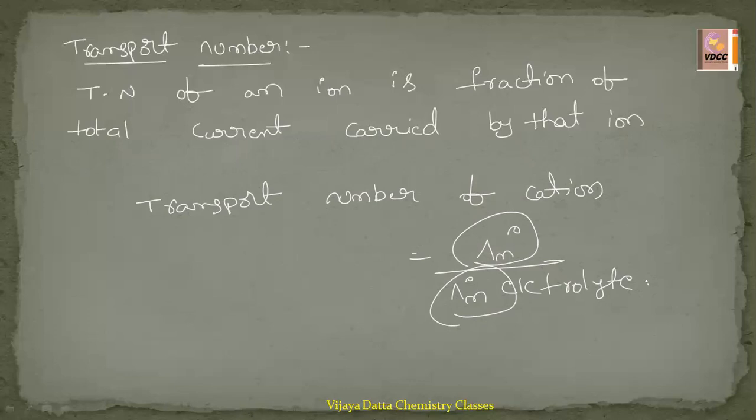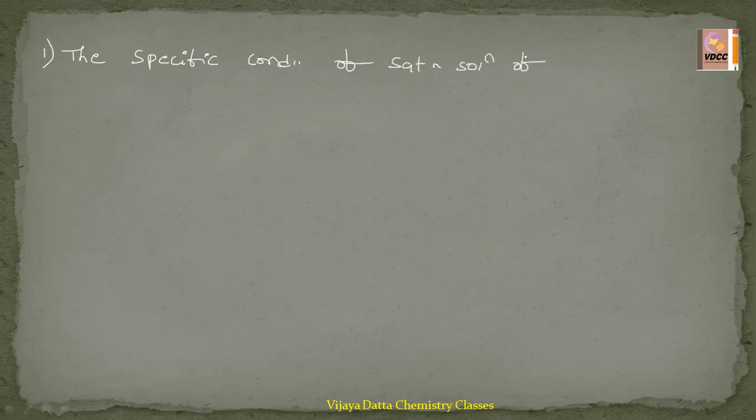Here I want to discuss one formula. Let us see the problem. The first question is: the specific conductance of a saturated solution of AgCl, silver chloride, is kappa, its units are ohm inverse centimeter inverse.